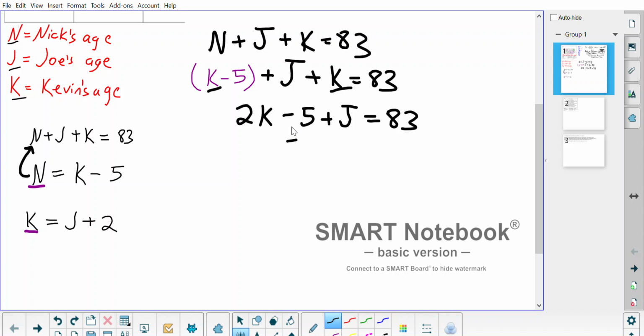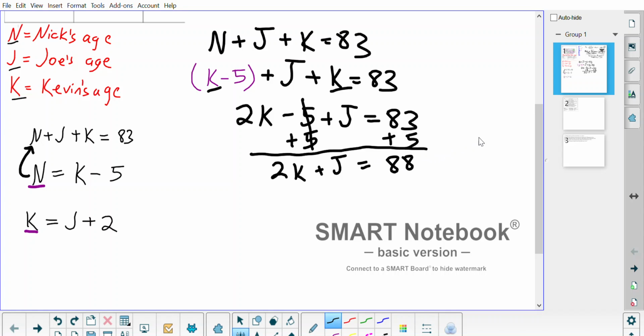That's a constant. It doesn't belong with the variables. So let's bring it with its other constant, the 83. So we have 2K plus J is equal to 88. Now this doesn't tell me anything because we have a K and a J in there.